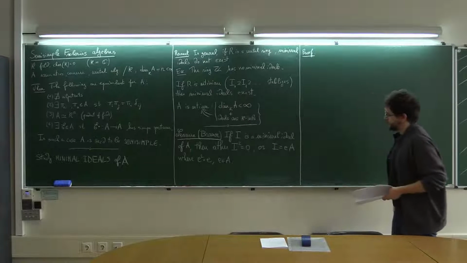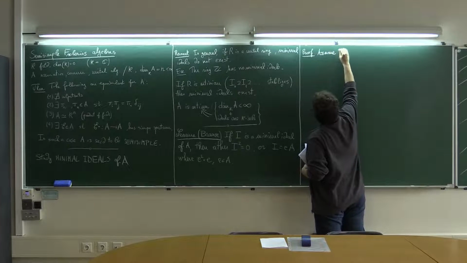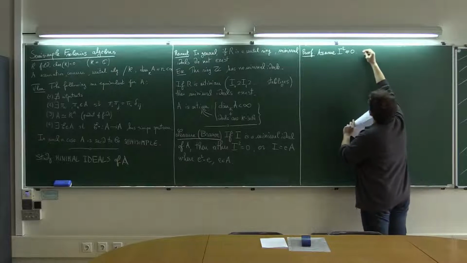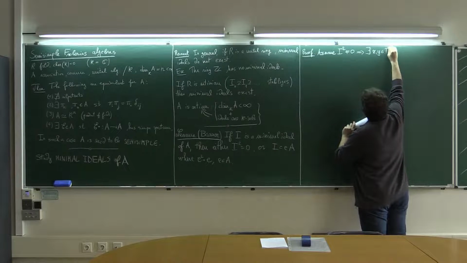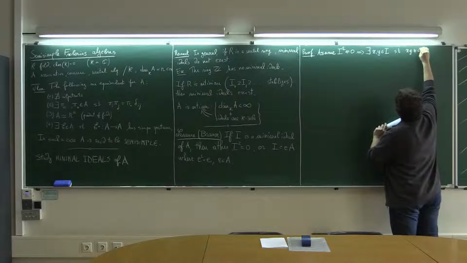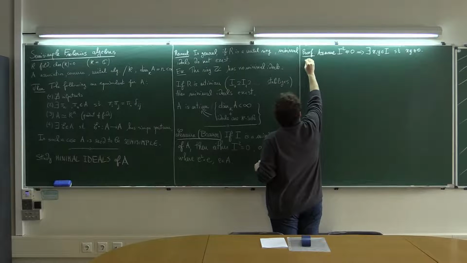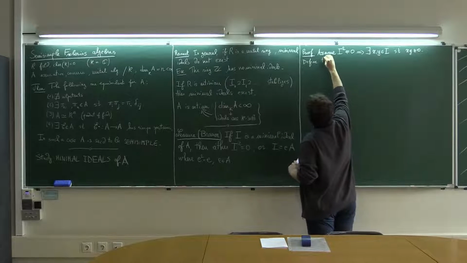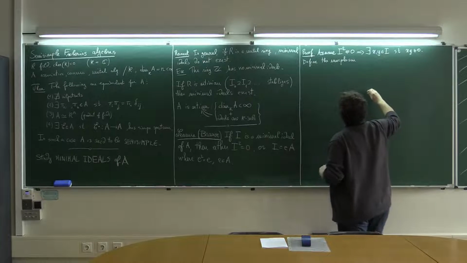We prove it as follows. Assume that I squared is not 0. This means that there exist two elements, x and y, in the ideal, such that their product is non-zero. Then we can define the following morphism, a morphism of A-modules.